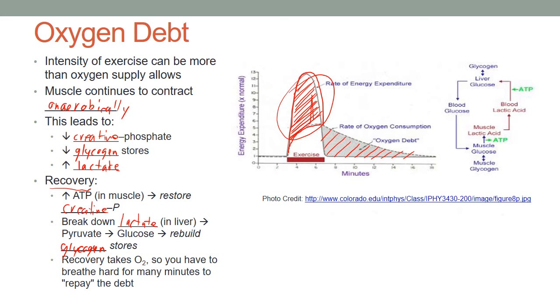And so this is why you can do, in this case, about 4 or 5 minutes of exercise, and then you end up with 10 minutes of breathing hard to try to repay all of the oxygen debt that you have accumulated there.